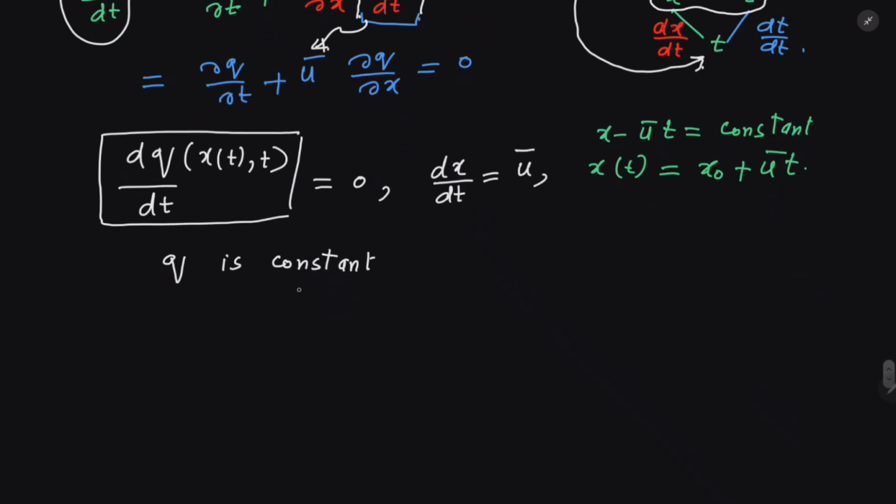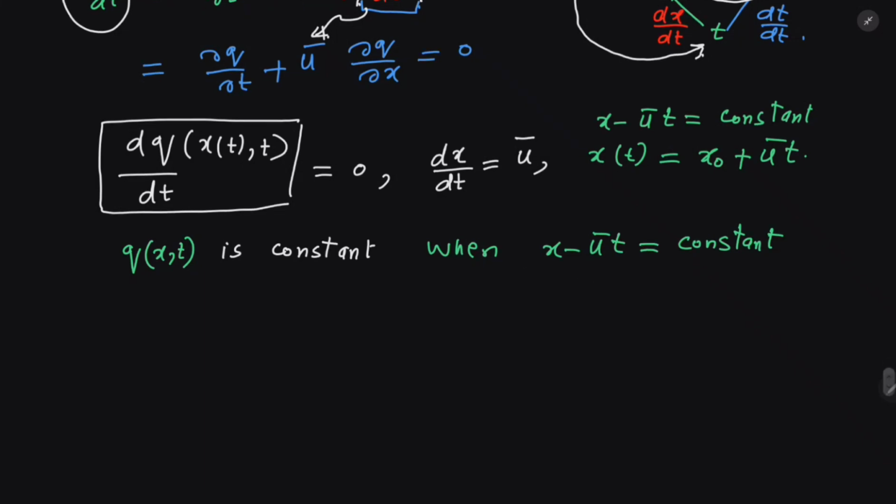So what was our question? The question was where q is constant. So q is constant when x minus u bar t was taken as a constant. Q is your solution, something like that.